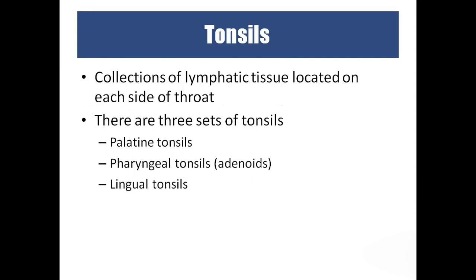We have 3 sets of tonsils. If the tonsils are present nearby the palate, then we call them palatine tonsils. If the tonsils are present nearby the pharyngeal region, we call them pharyngeal tonsils. If the tonsils are present above the tongue region, then we call them lingual tonsils. So you can see in this picture.